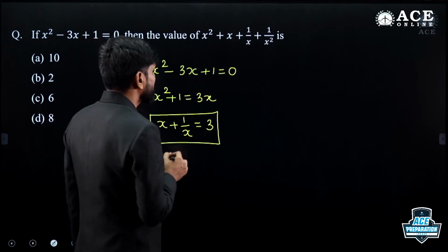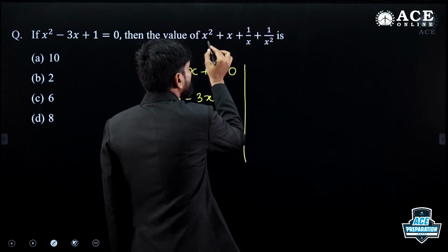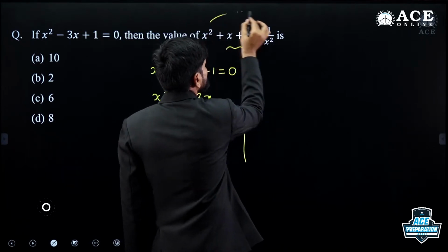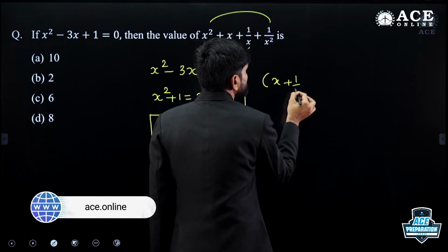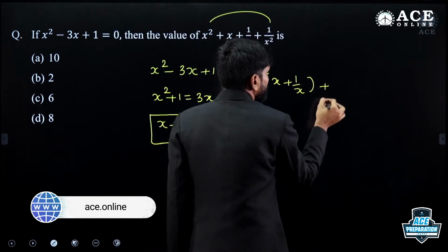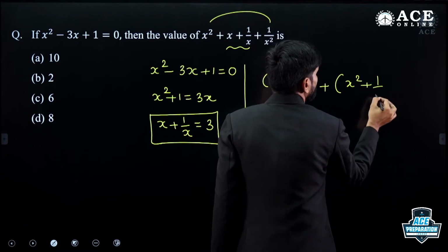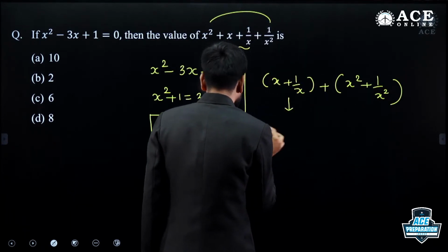Once you get x plus 1 by x, here we want x square plus 1 by x plus 1 by x square. If you write this as one group, this as another group, that will be x plus 1 by x plus x square plus 1 by x square. We know x plus 1 by x as 3.